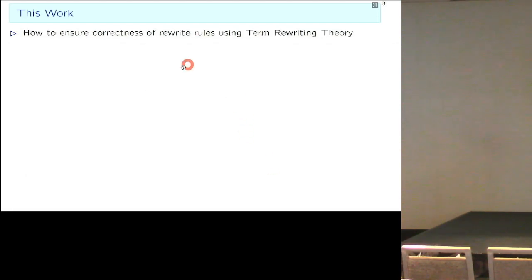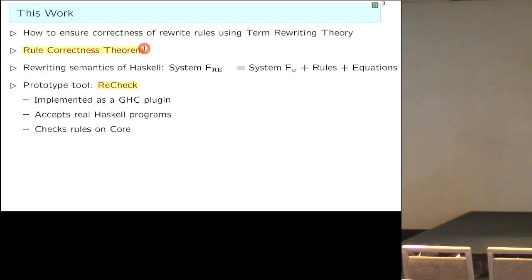This is actually about how to ensure correctness of rewrite rules using termination theory, by giving a rule correctness theorem, which I show. And to rigorously prove this theorem, we also need suitable rewriting semantics of Haskell.